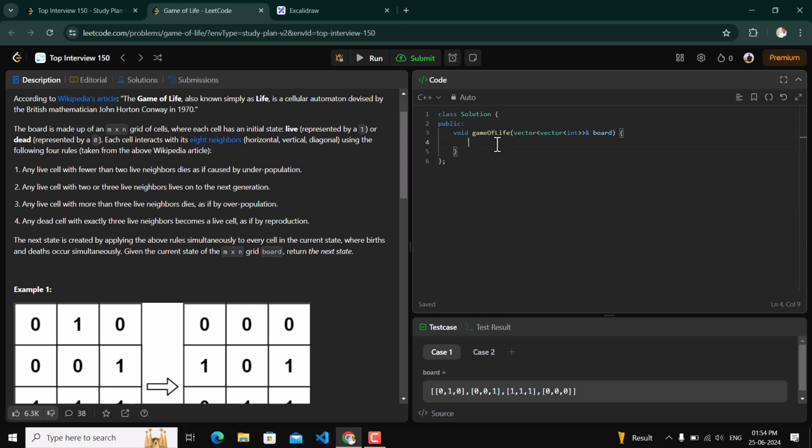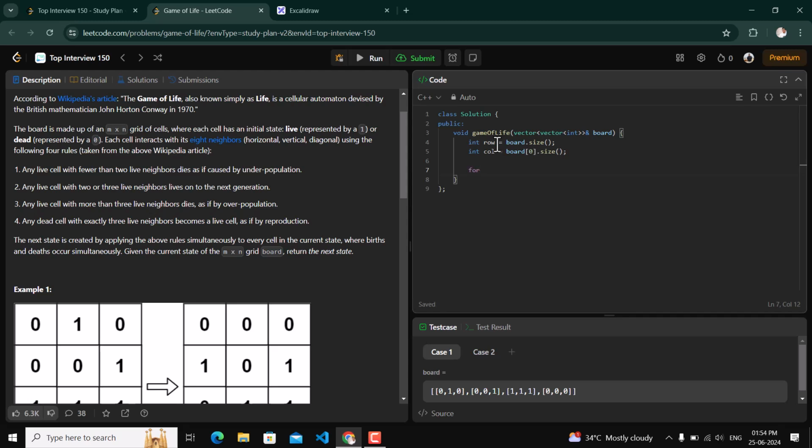First of all, let's say int row is equal to board.size(), int column is equal to board[0].size(). So we have computed the number of rows and columns.